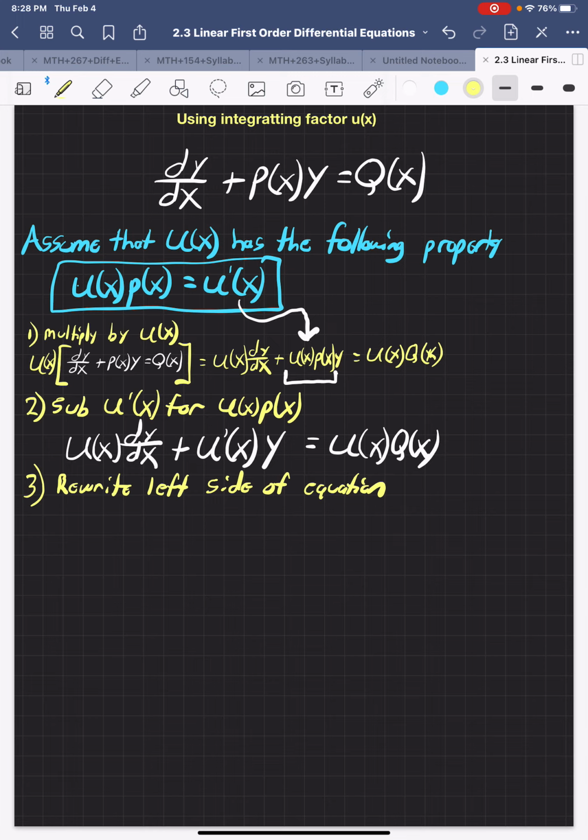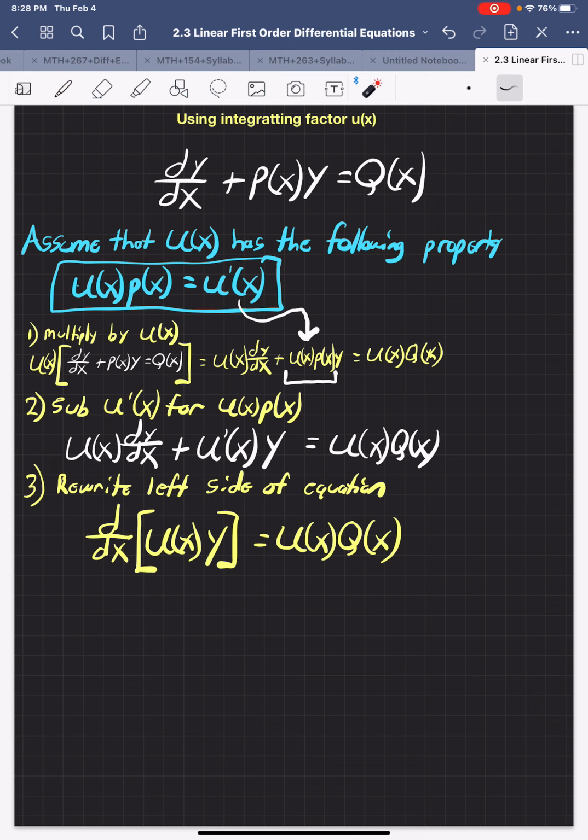And that is simply the derivative with respect to x of u of x and y. If you took the derivative of u and y, you would be right back to here. So we just rewrote the left side of the equation.